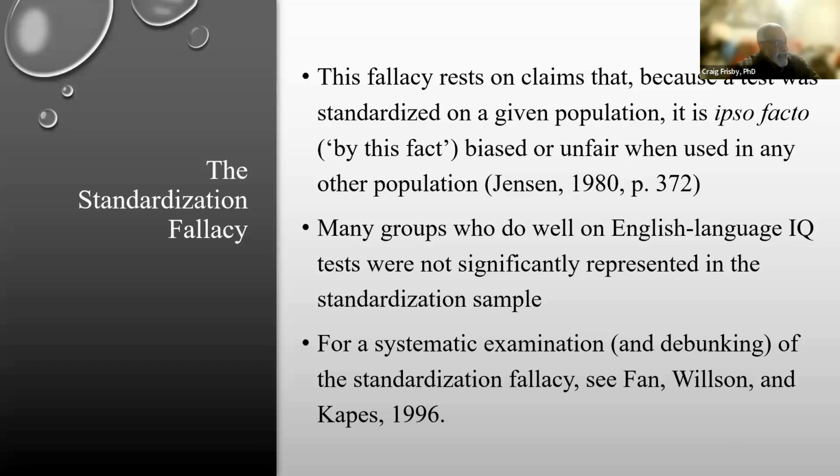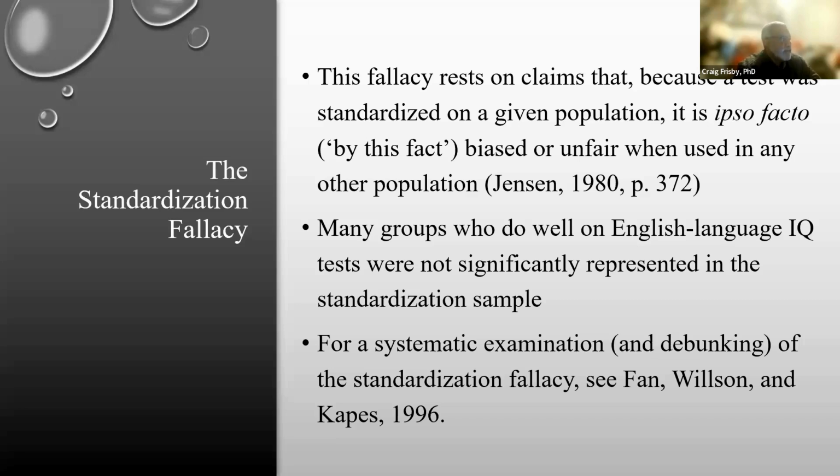There's another fallacy that you will run across occasionally called the standardization fallacy. And this fallacy rests on claims that because a test was standardized on a given population, it is ipso facto, and that's just a word that means by this fact, biased or unfair when used in any other population.